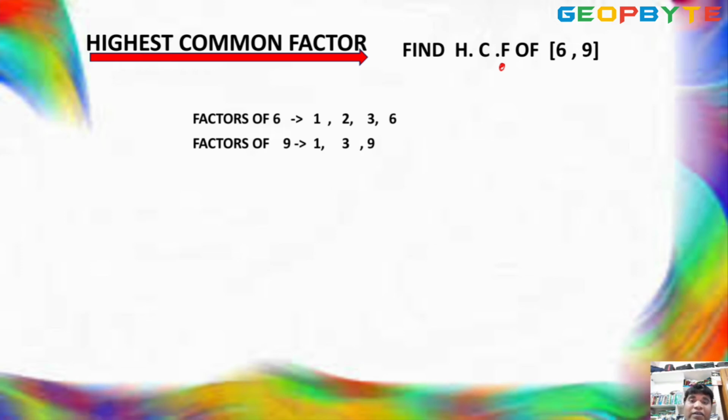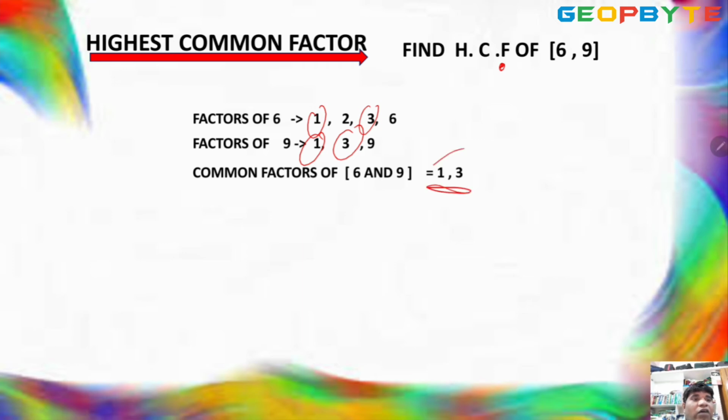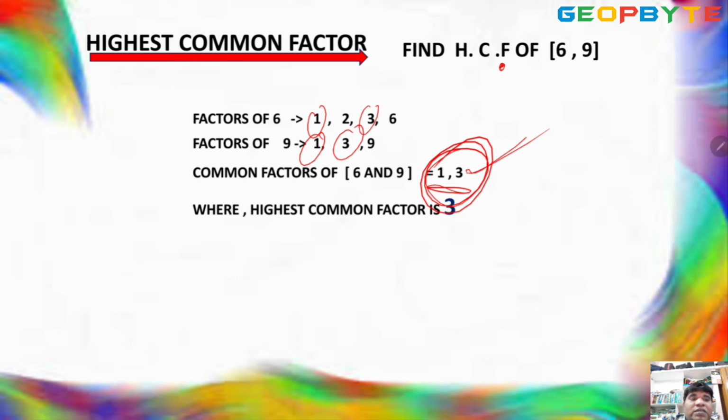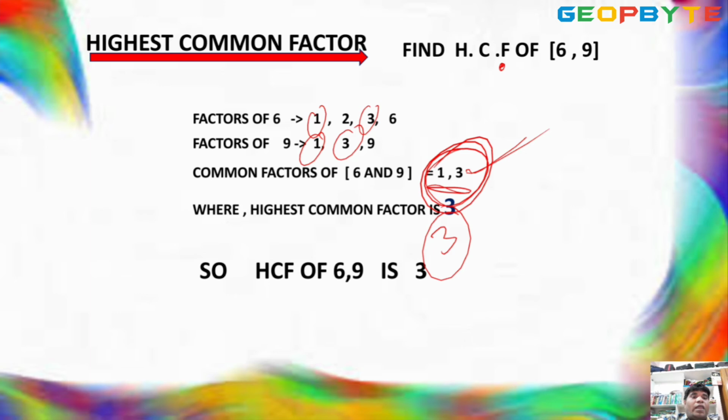Next, common factors of 6 and 9: 1 and 3. Out of these 1 and 3, what is the highest? 3. So the highest common factor is 3. This is the answer, the basic method. Next, the L-shaped method. The HCF of 6 and 9 is 3.